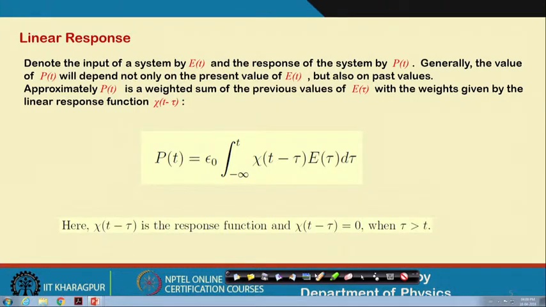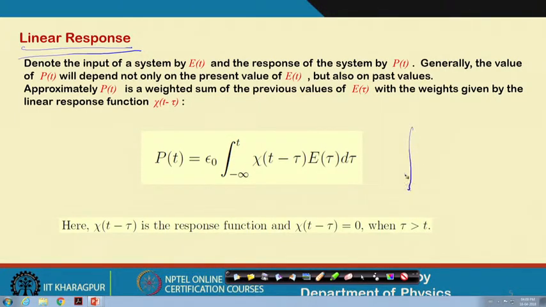Let us understand what this linear response is first. When we launch an electric field, the material is going to respond; that is the first thing. I apply an electric field, and as a result the material will respond.